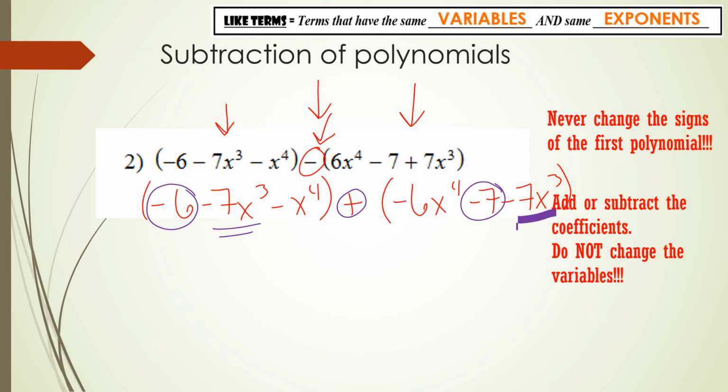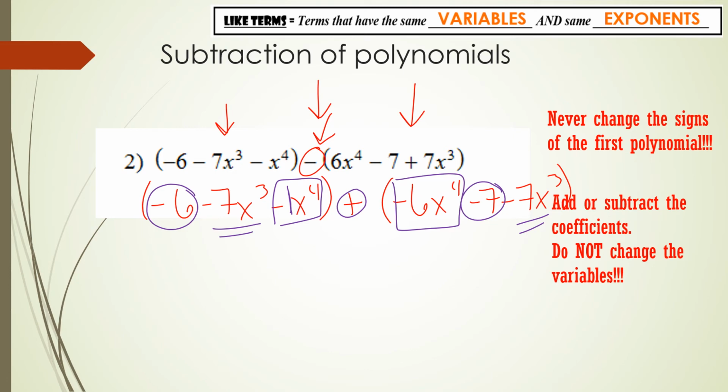Right here. Struggling with my pen tools here. There we go. And then I'm going to put a 1 in here. So I have a negative 1x to the fourth and a negative 6x to the fourth. Notice how I'm including the signs when I box in or underline or circle those terms.